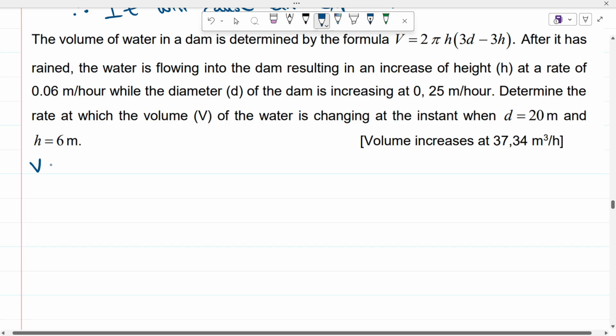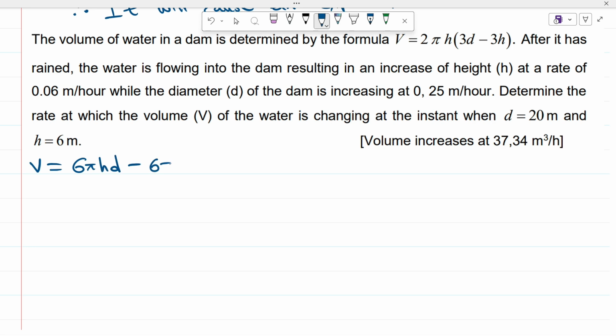So v equals 6 pi hd minus 6 pi h squared. From this equation, let's differentiate partially.